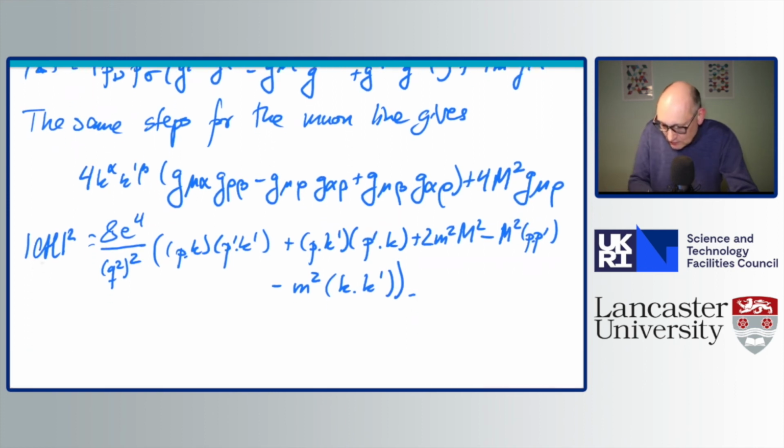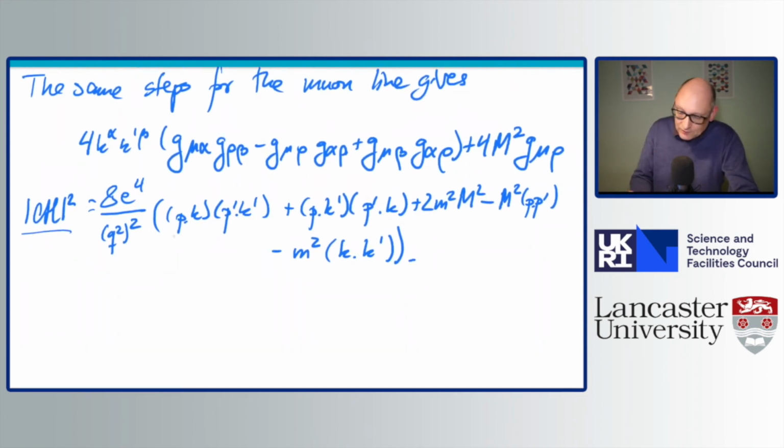Good. So now the square of the scattering amplitude is written in terms of the four-momenta of the incoming and outgoing states.